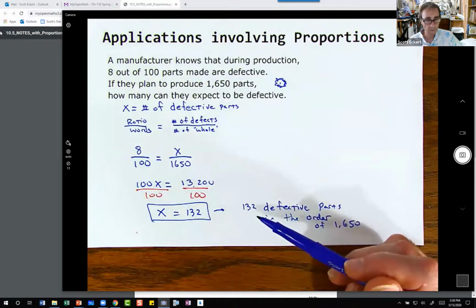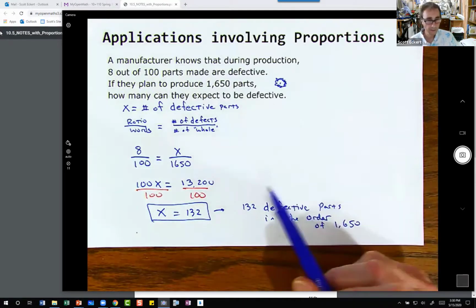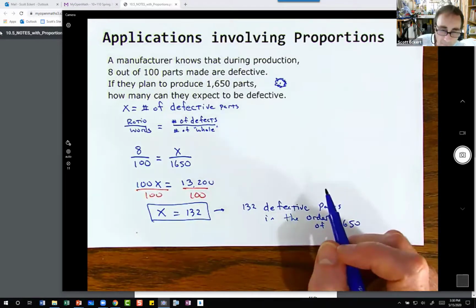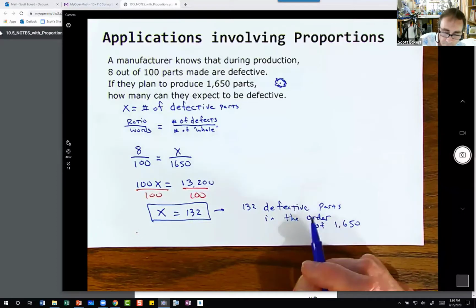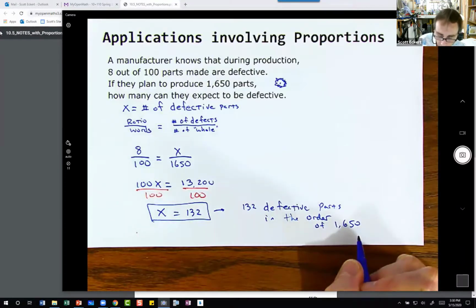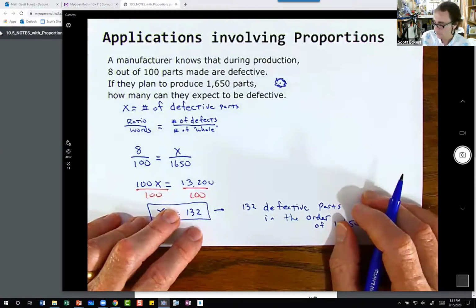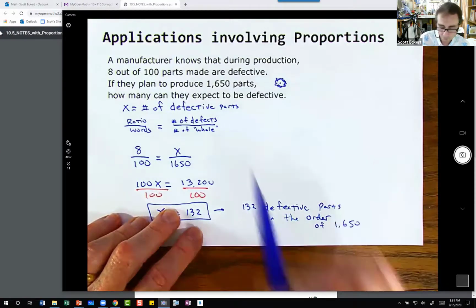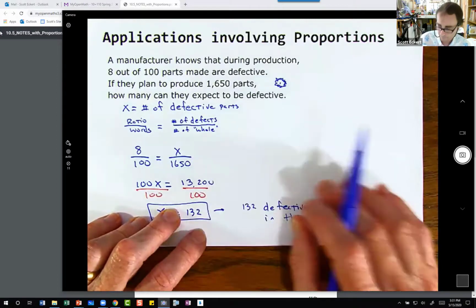Now that they know, they can send extra parts. Say, okay, let's give them 135 extra parts. That way we know that they'll be happy because they will have plenty of good parts. This is an example of proportions in the field of business and manufacturing.